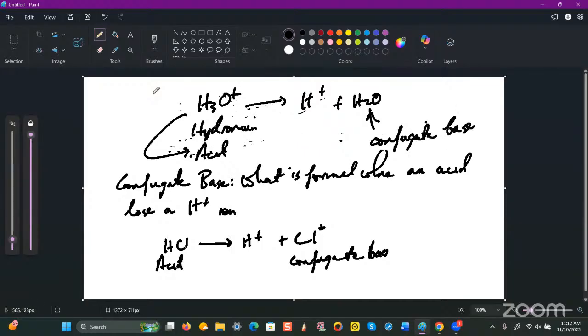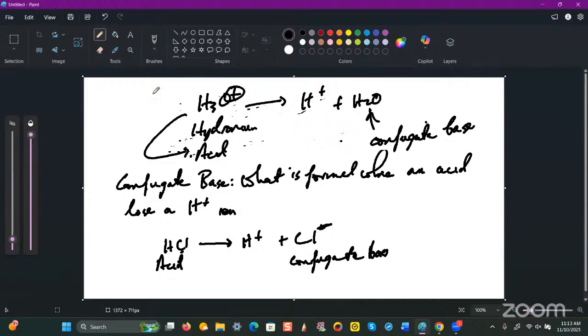Now, one thing I want to point out here is that in the case of this particular ion, there's a plus charge here. But when the H plus is removed, then what is formed will be a neutral molecule. There'll be no charges, right? Now, that is kind of different from what is happening in the first case I gave you, HCl, which is neutral. And then when you remove the H plus, you end up with a negative charge here on the chloride ion, all right?